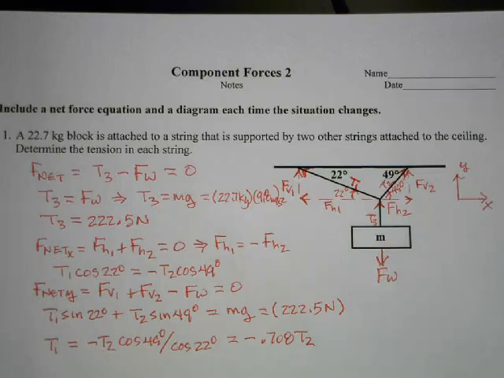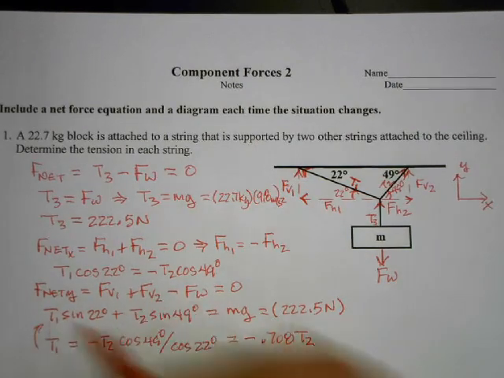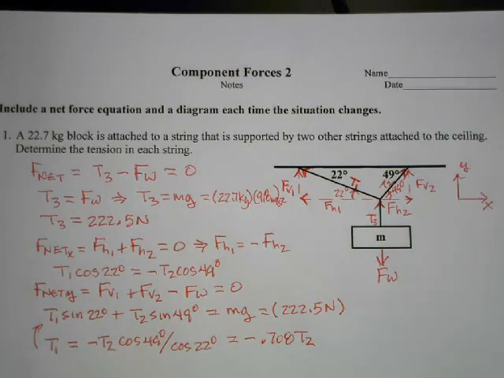And then I can take that and plug it into the equation right above it. So take this and plug it in for my T1, and then I'll only have T2.